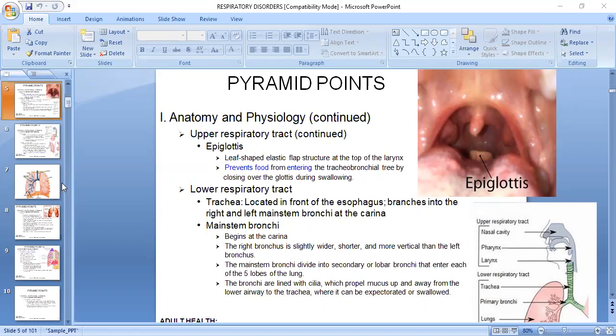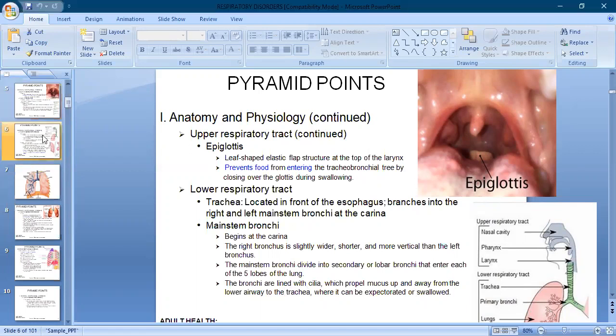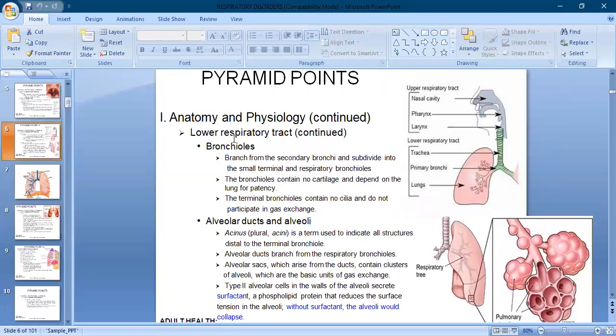Okay, so now go next here. So lower respiratory tract now. Here we are going to lower respiratory tract, and the lower respiratory tract is, I say, the trachea bifurcated.